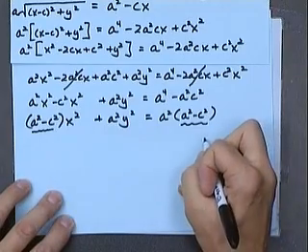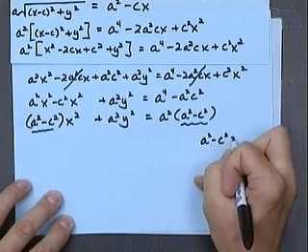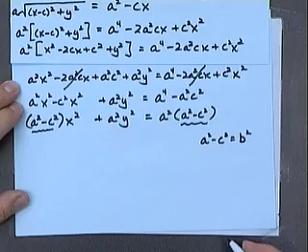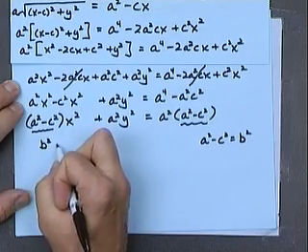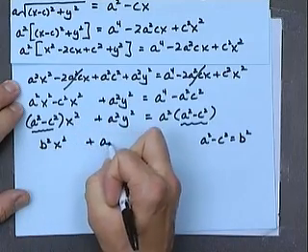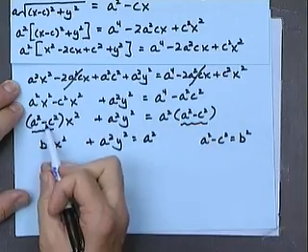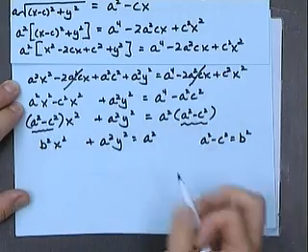Let's make a substitution, which right now it's just plugging in a letter. Now, that letter at the end of this, when we're done, actually has some meaning. But where we see a squared minus c squared, let's plug in b squared. So I put in a b squared right there, and I put in a b squared right there.